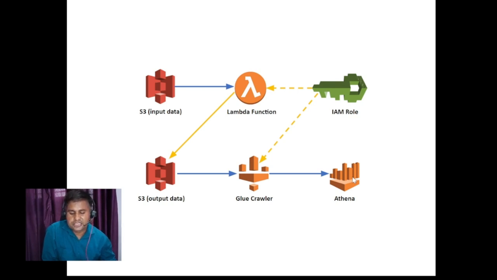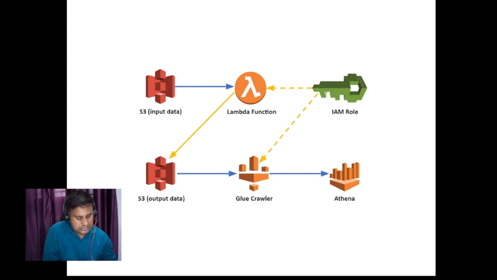The good part is there is no actual table. In RDBMS, we create the table, we load the data into the table, and there is an actual table. But Athena on the other side directly plays on your input data. That means if you delete the data from the S3 output folder, your table will not work because there is no actual table. There is a schema and there is the data. Schema is mapped with the data.